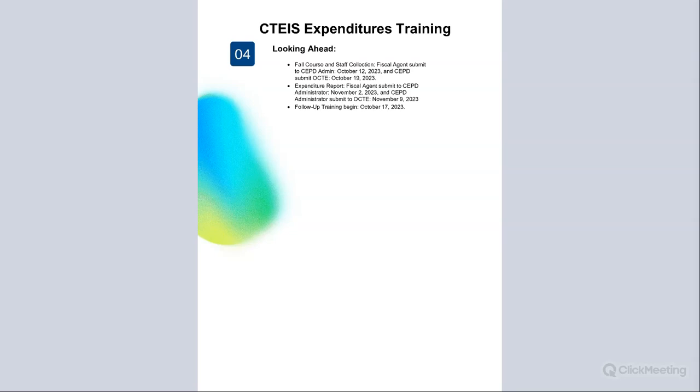This is the fall course and staff data. The CPID administrator submits to OCTE by October 19th. For this report that we just had training on, the expenditure report, the fiscal agent submits to the CPID administrator by November 2nd, and then the CPID administrator submits to OCTE by November 9th. So make sure you keep that date in mind.